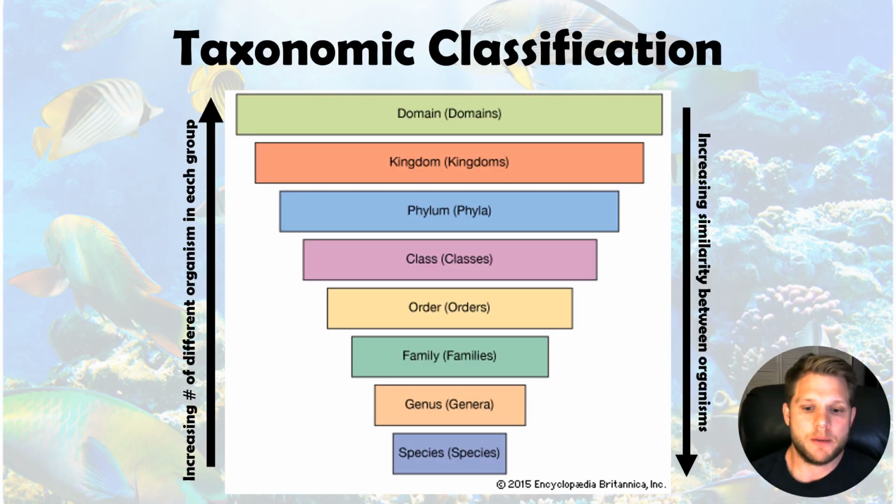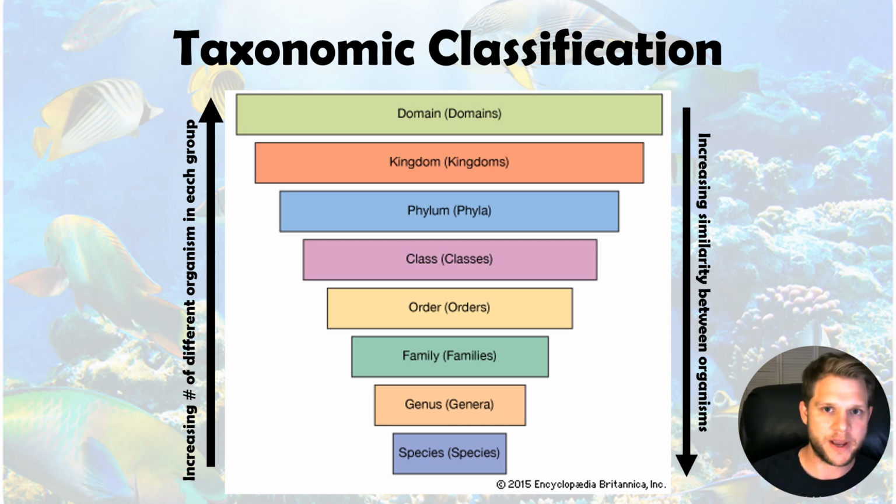Okay, so this is how we organize life in taxonomy. You probably have heard something like kingdom, phylum, class, order, family, genus, species. When I was in school, we did King Philip came over for great spaghetti as a way to remember what those classifications were. And you can also add domains above that. So domain is the largest grouping of organisms.